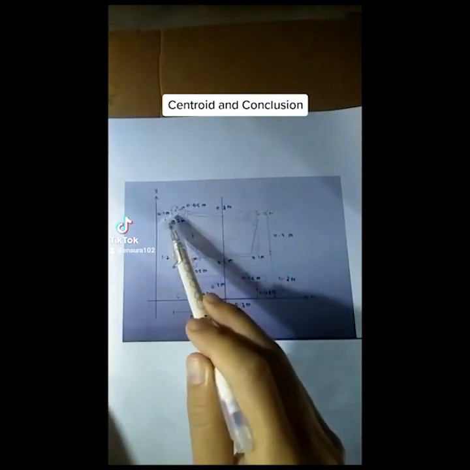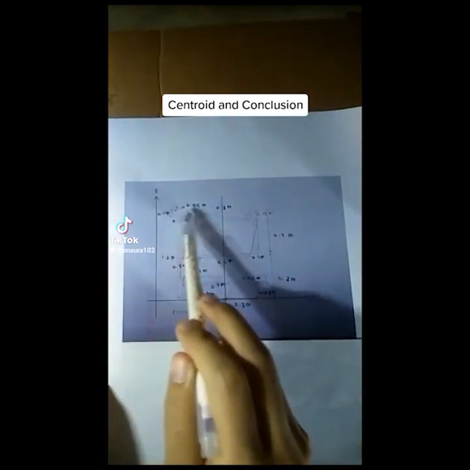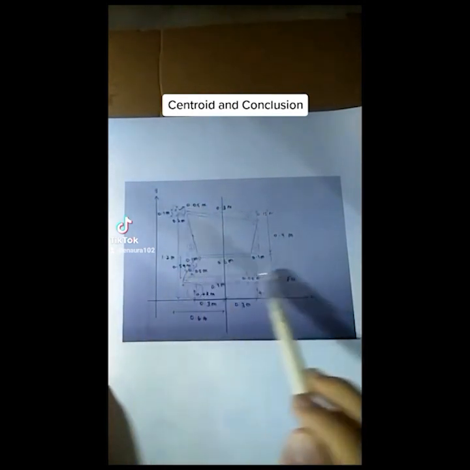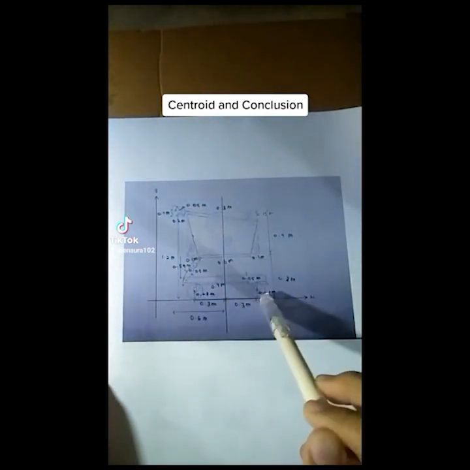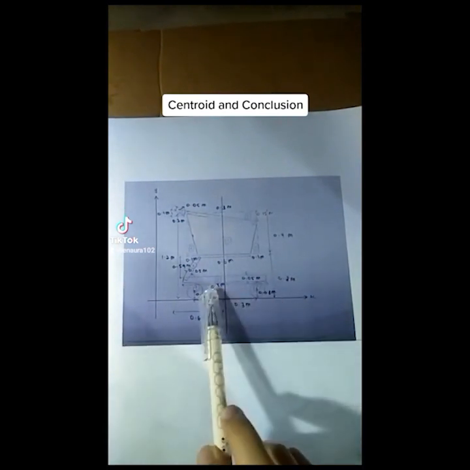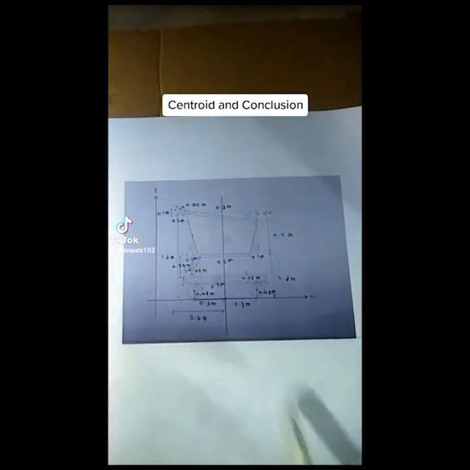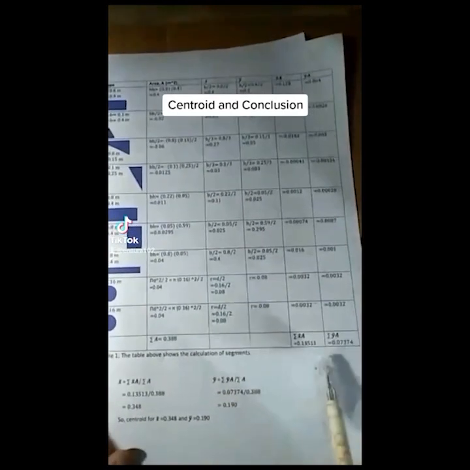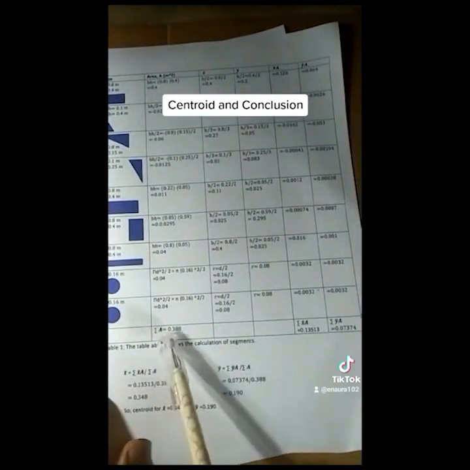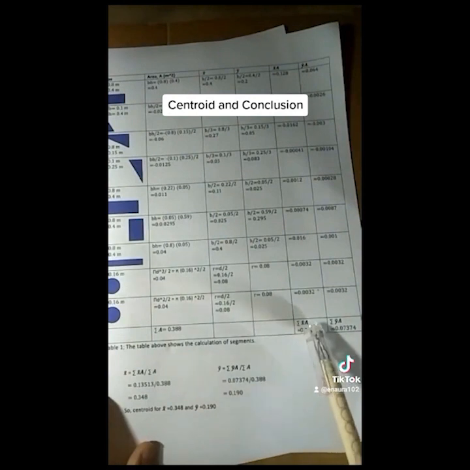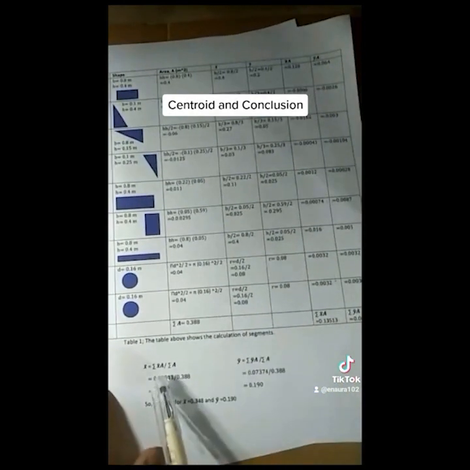On the other hand, for this shape and this, I will calculate in the same step forward. Here I will show you the order of the calculation on the table to ease my calculation. So here is all, you can see it. Now I will get the sum of the areas and the sums of these.